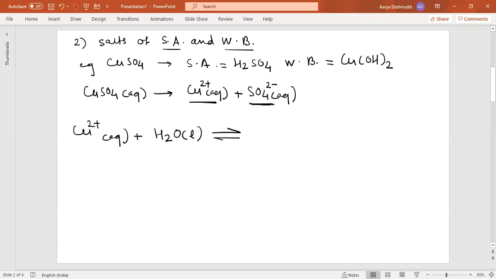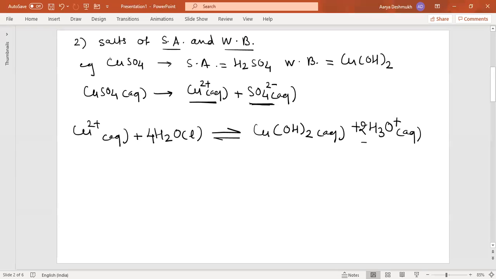It suggests that the reaction is occurring weakly, means there is a weak ionization or weak dissociation here. So copper hydroxide is formed plus protonium ion is formed here. Now this reaction is not a balanced one. As you all know how to balance the reaction, I will directly write the balanced reaction here. Now the reaction is balanced.